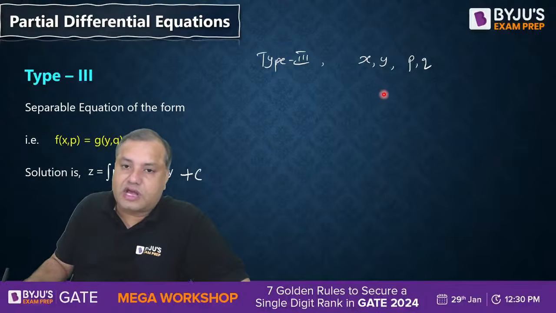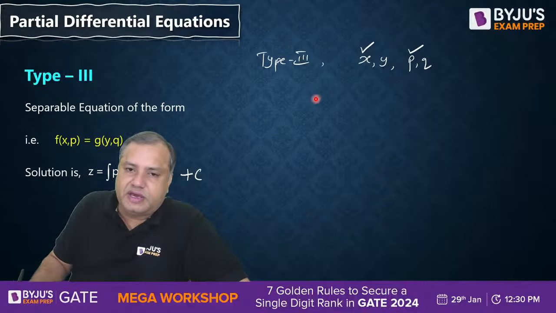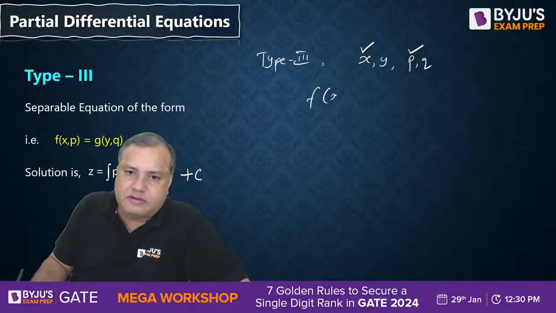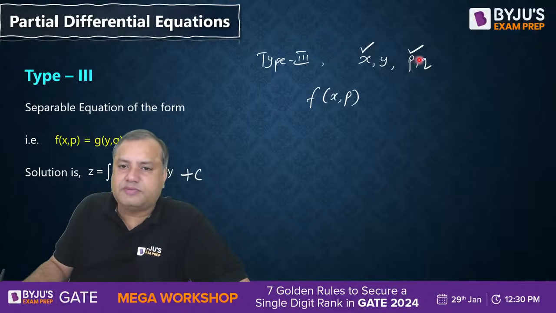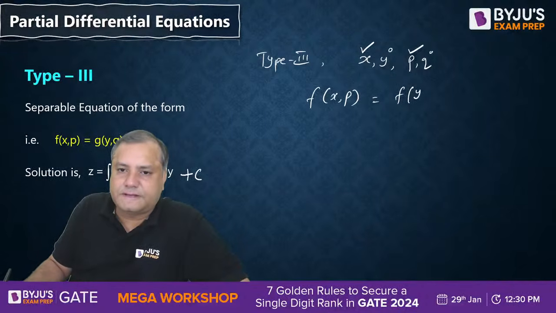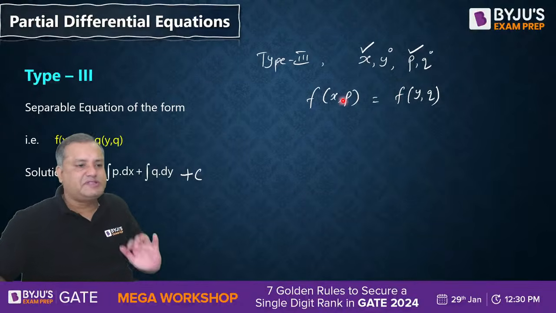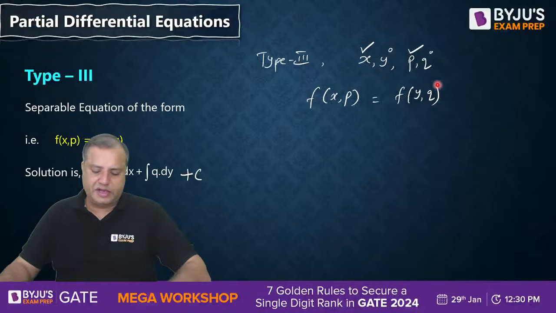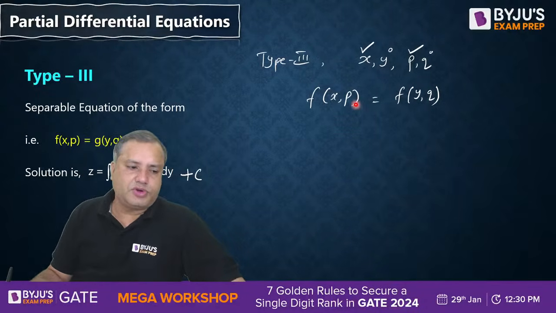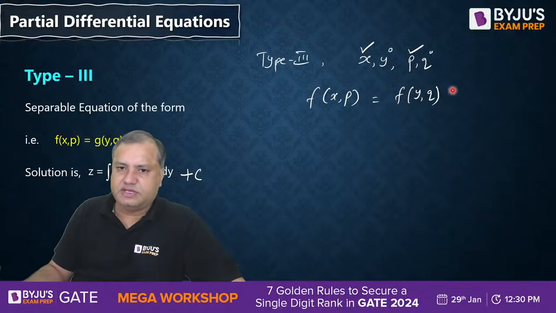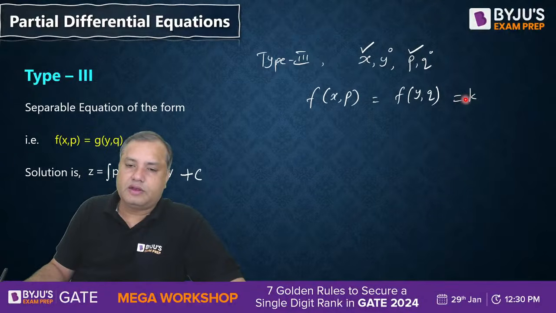It means terms containing X and P can be separated on one side, and terms containing Q and Y can be collected on the other side. If you are able to do so, this is equated to some constant k.